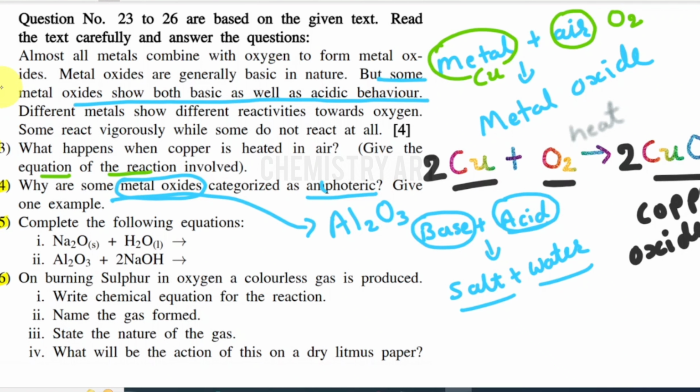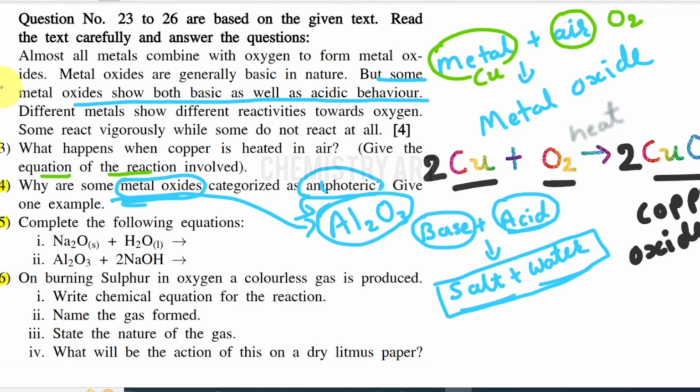But some metal oxides like Al2O3 react with base as well as acid. In both cases, they form salt and water. It means this type of metal oxide has both natures, acidic as well as basic, and that is why they are called amphoteric oxides. So you need to remember the example of amphoteric oxide.